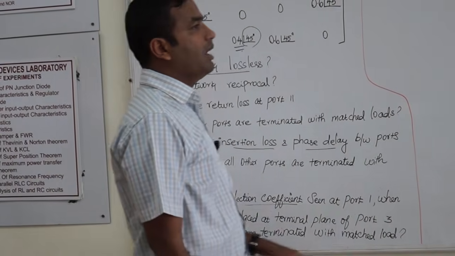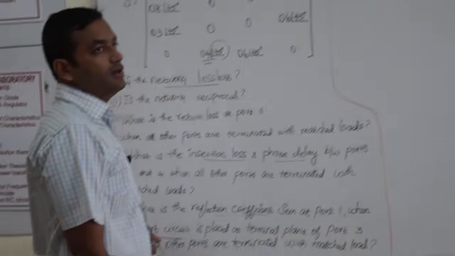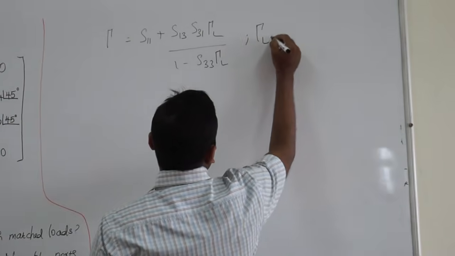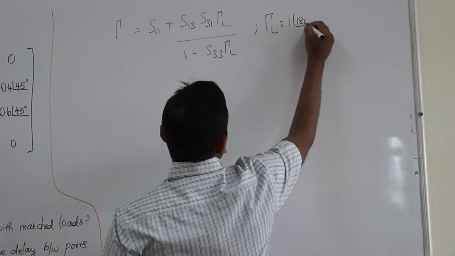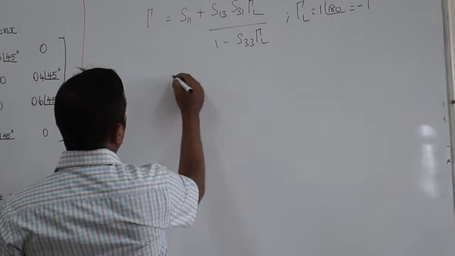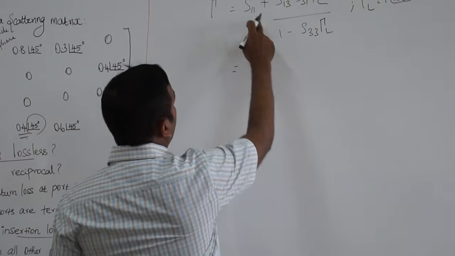And what is the gamma L value that we will have here? Gamma L is clearly given, it is a short circuit. So gamma L will be 1 angle 180, which is equal to minus 1. Let's substitute these values.